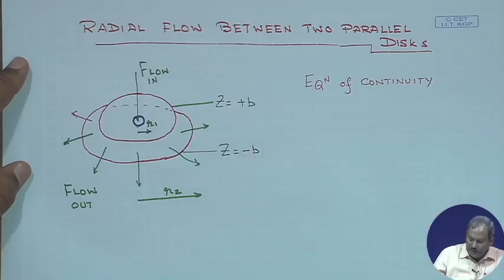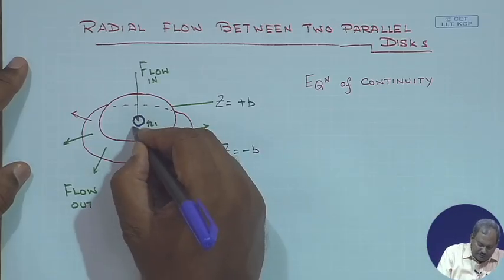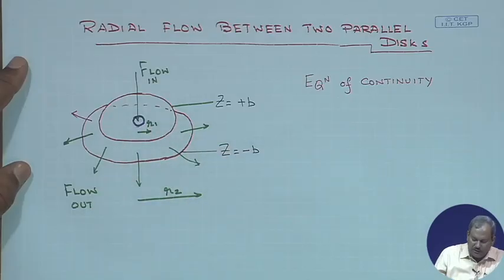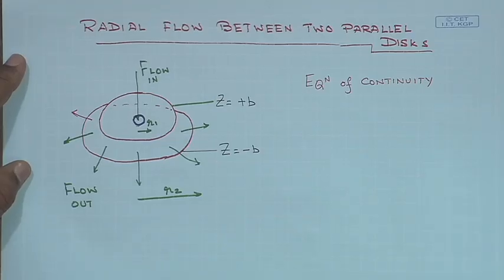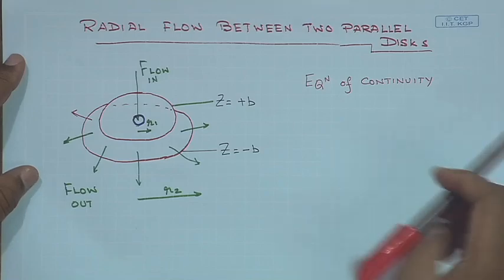We are not going to deal with the region below r1, because the flow situation over there is extremely complicated. So the first thing to do is to use the equation of continuity and try to see if any compact formulation is possible.